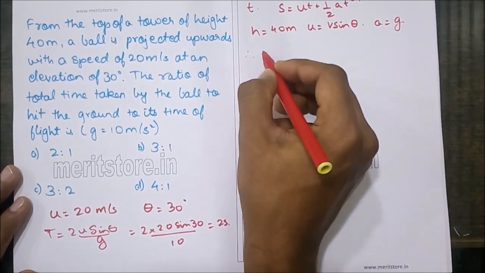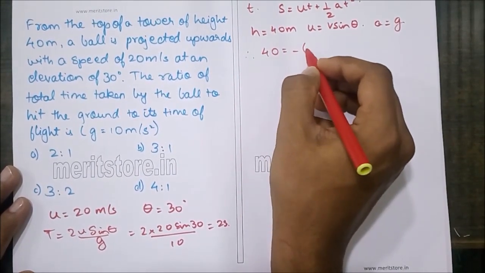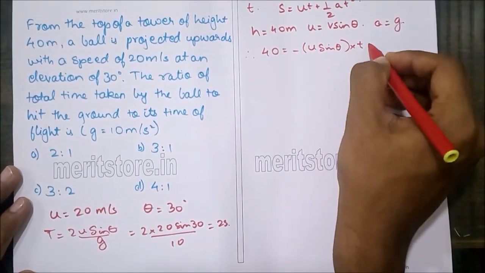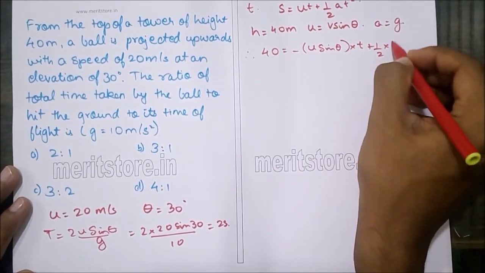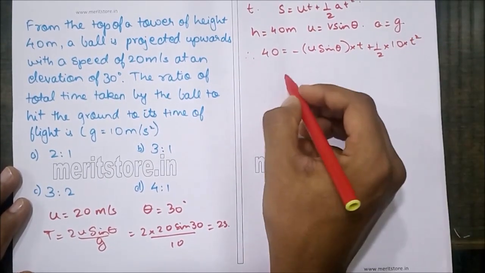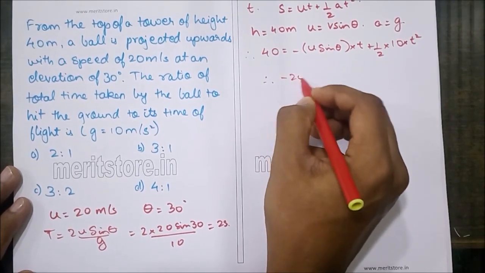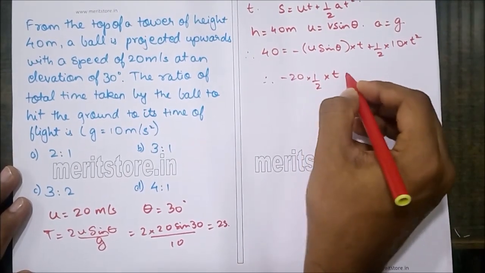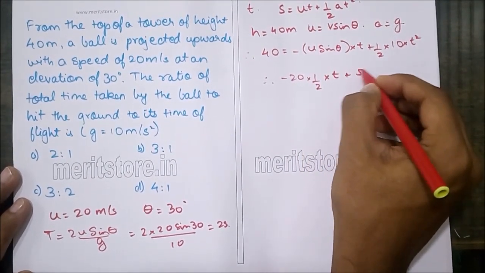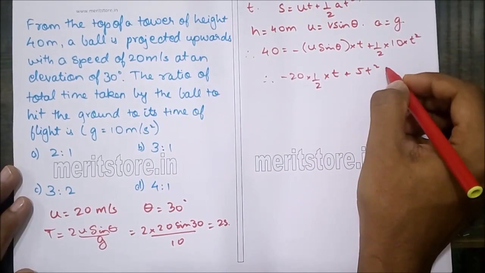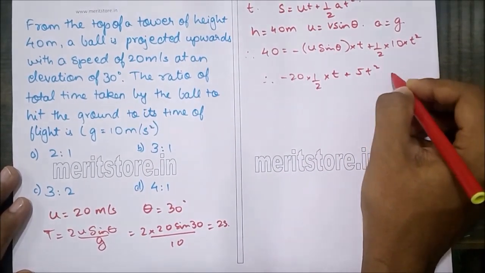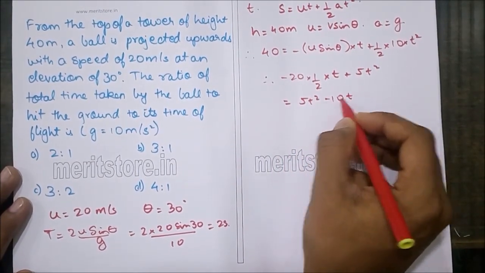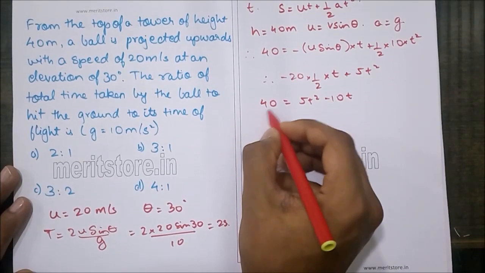We get 40 is equal to minus u sine theta times t plus half into 10 into t square, which is minus 20 sine theta, and sine 30 is half, so minus 10t plus 5t square, which is equal to 5t square minus 10t, and this is equal to 40.